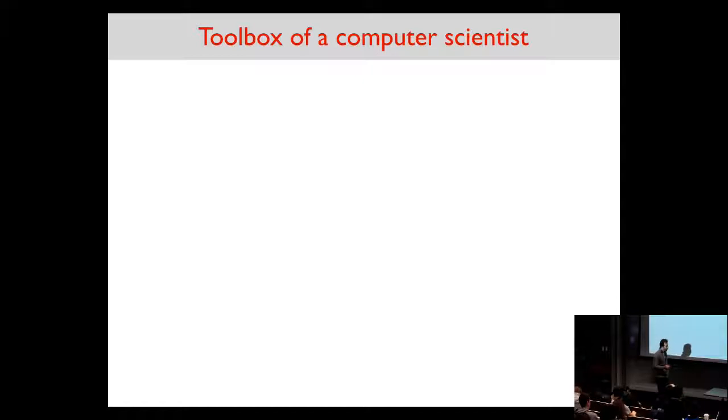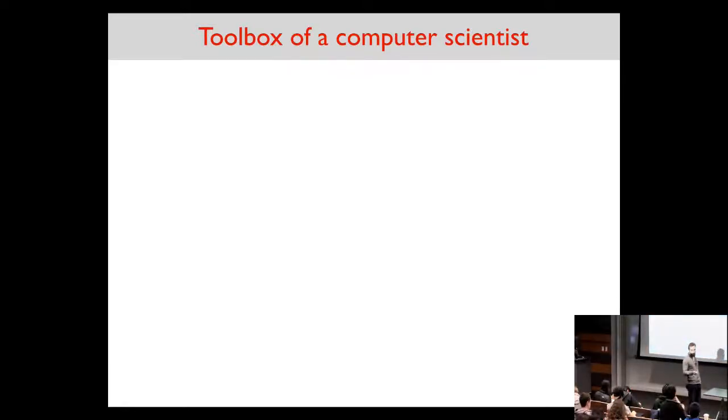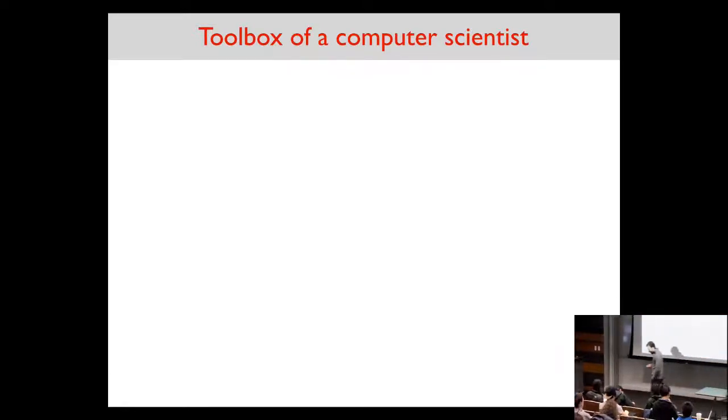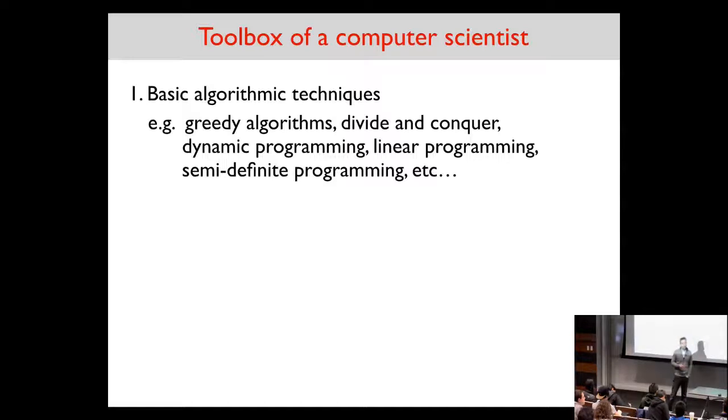So you guys are computer scientists, most of you, or programmers, and you all should have certain tools in your toolbox. Okay, so first thing you should know about is basic algorithmic techniques. You're probably going to learn more about these in future courses.